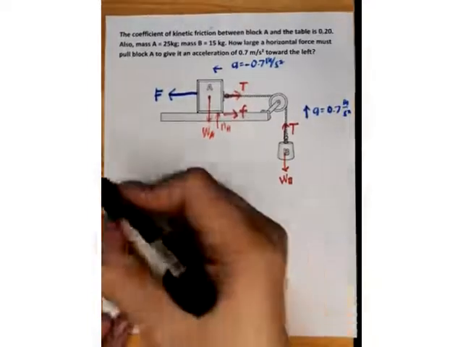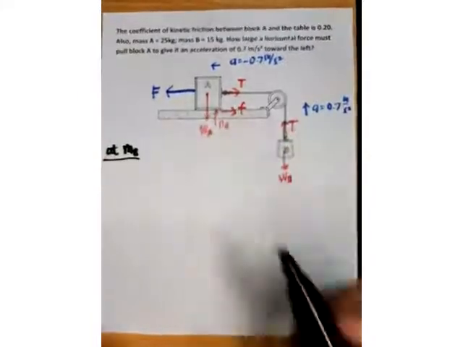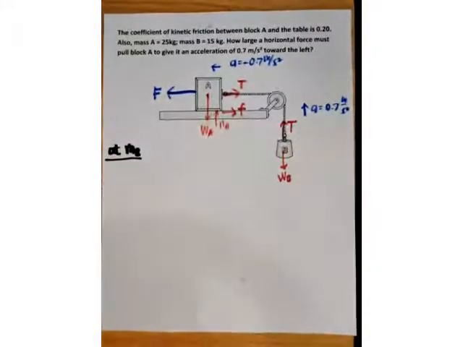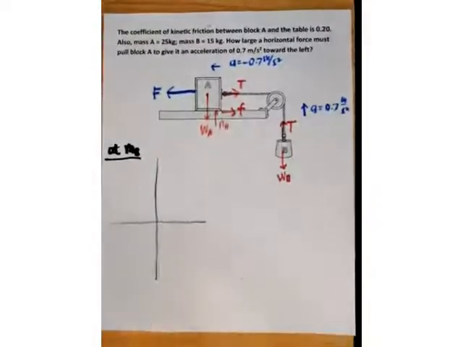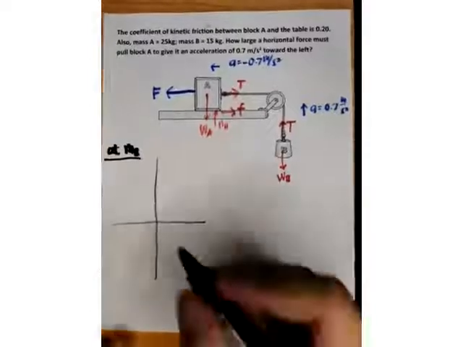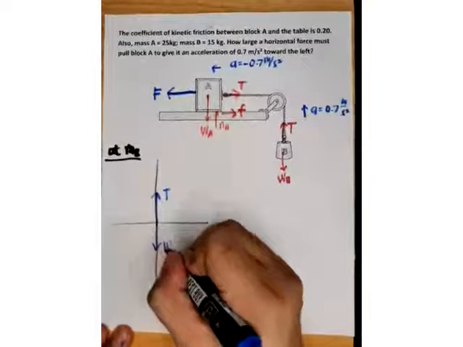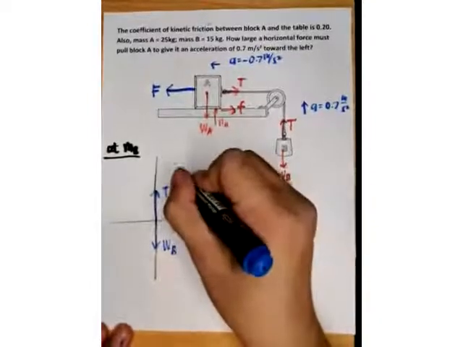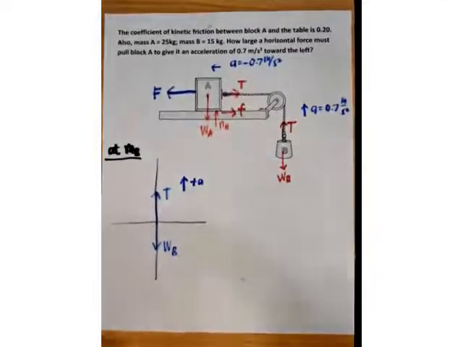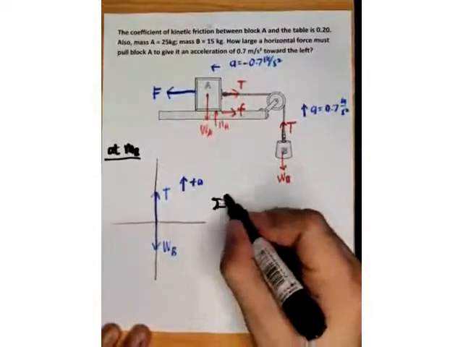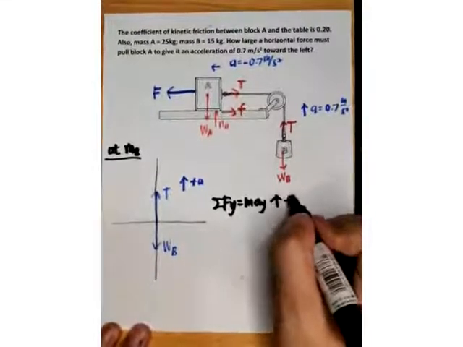Let's start with mass B and draw its FBD. We have the tension and the weight B, and its acceleration is upward, so positive acceleration. Summation of forces along y is equal to m a y, with upward positive.